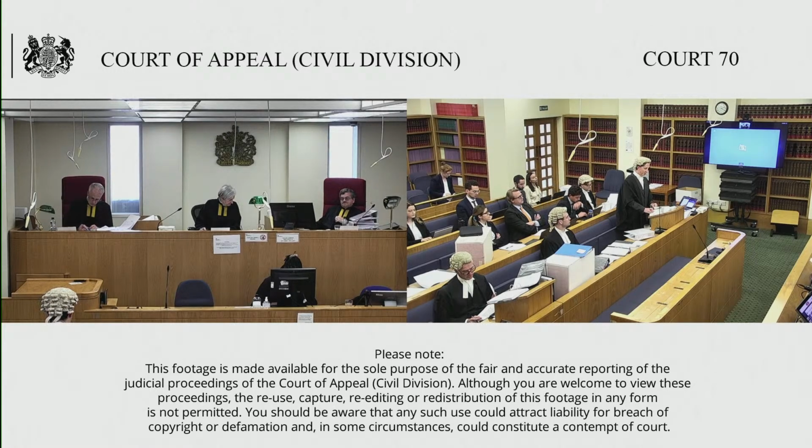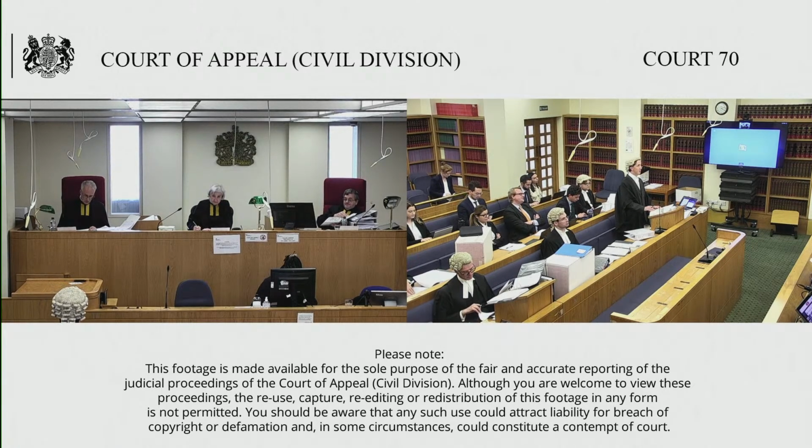Now, if that submission is put as broadly as it was, that some application notices on non-parties can be claims, then that's not controversial, because it's quite clear from the definition in Rule 6.2 that some applications, such as an application pre-action, can be claims. Some application notices can be claims. I would just like to say that I'm not sure that it's safe to draw that inference from 6.39.